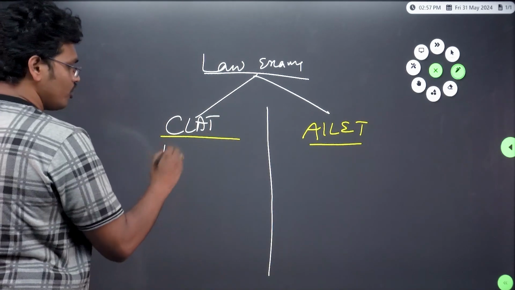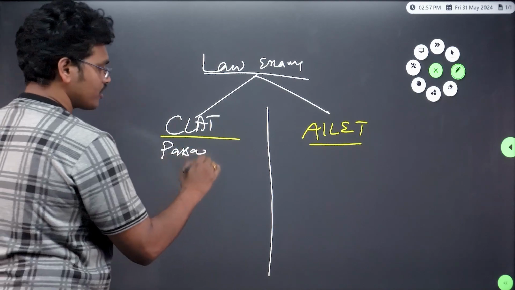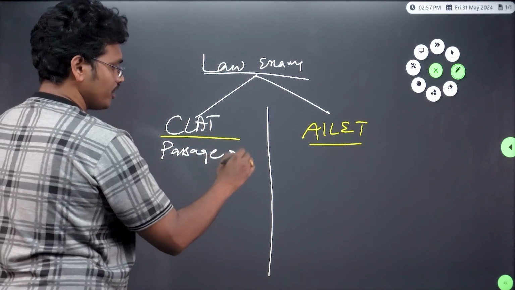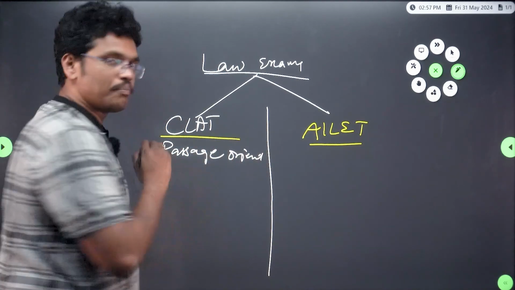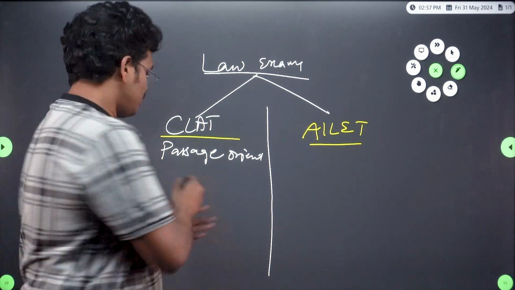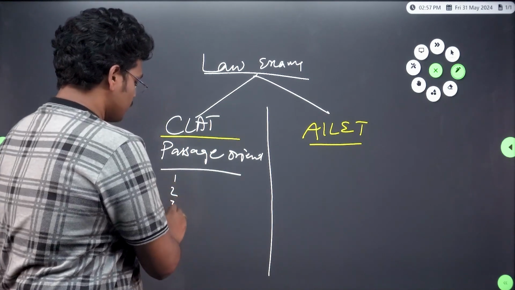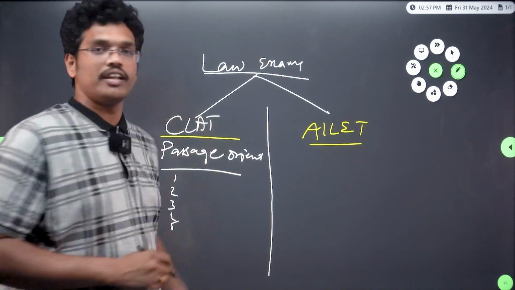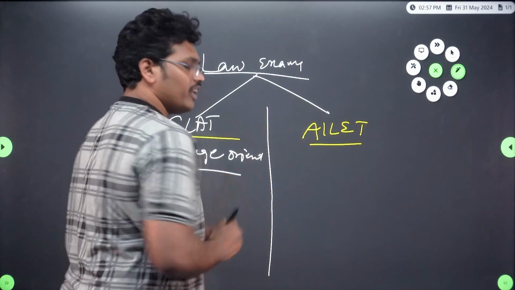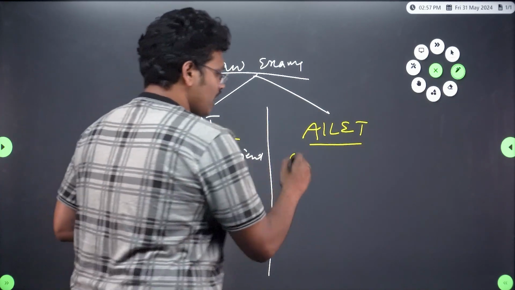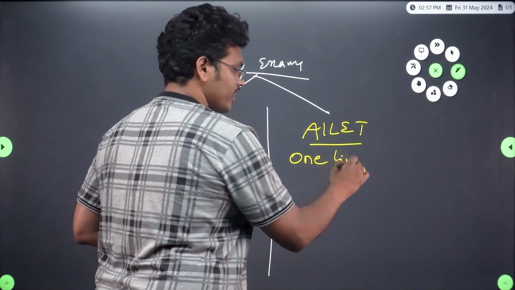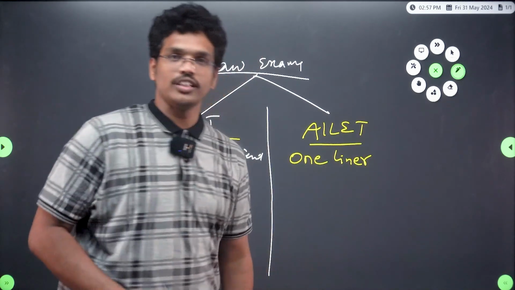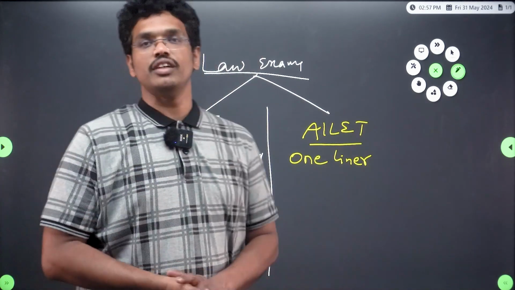In CLAT, you will have passage-oriented questions, where one passage will be given and 5 to 6 questions will be asked. All questions will be linked to this particular passage. Now, in ILET, these are one-liners where there is no passage. Direct questions will be asked from diverse fields.